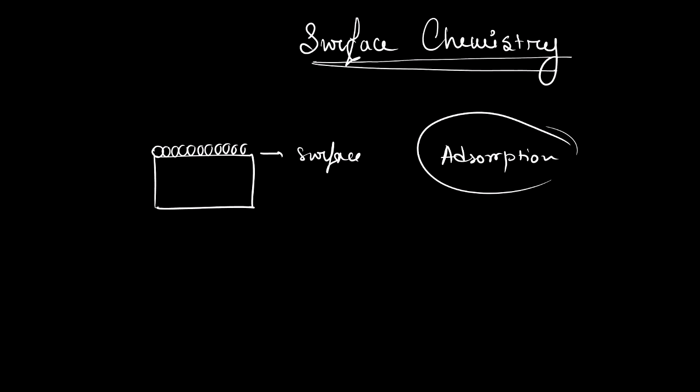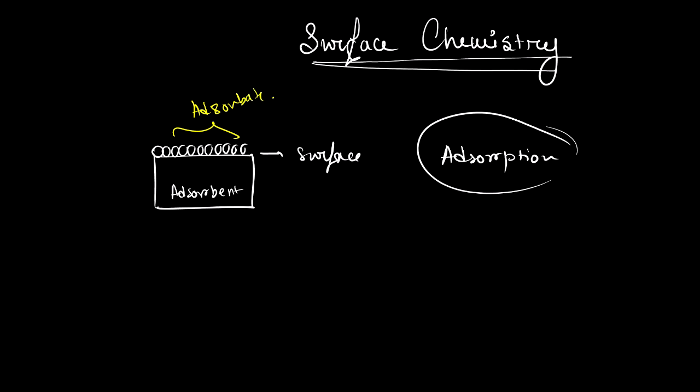Here in adsorption we have the adsorbent, the substance which invites particles of some other substance to deposit on it. The substance on which other substances get adsorbed is called the adsorbent.